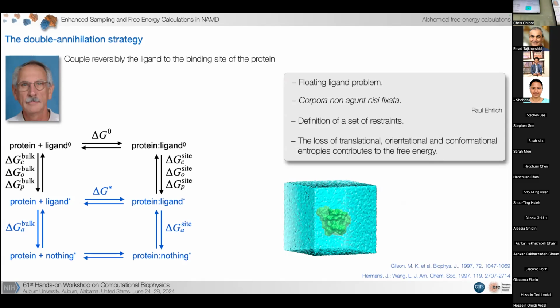Which contributes to the free energy. So in a sense, you're biasing the free energy calculation. So you need to account for these restraints that you're adding and the reversible work that they correspond to in your binding free energy. So you're adding restraints, but you need to calculate the contribution of this restraint.